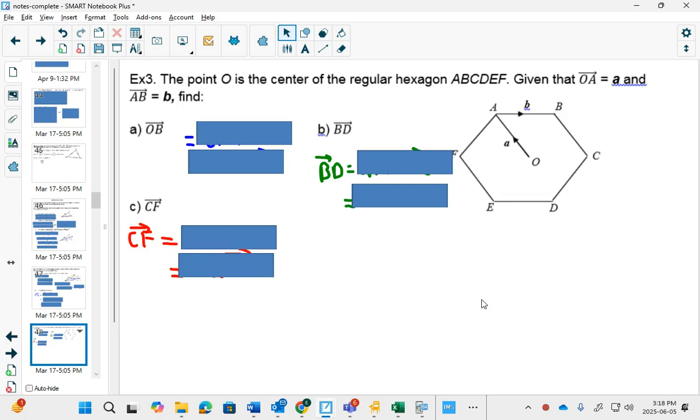Remember, vectors are free. We can have O as the origin and fix it there, but we can also think of vectors being free in this situation. So we've got two vectors, the vector A right here, and the vector B right there.